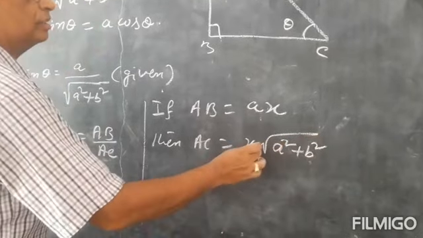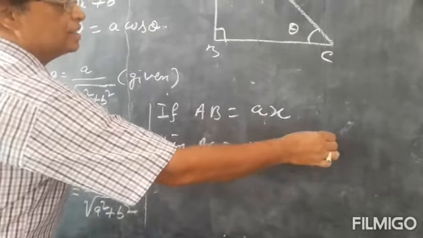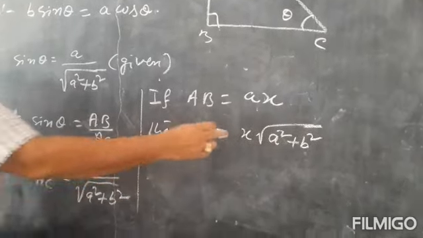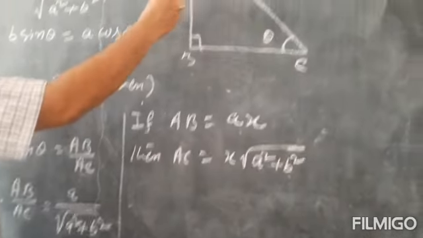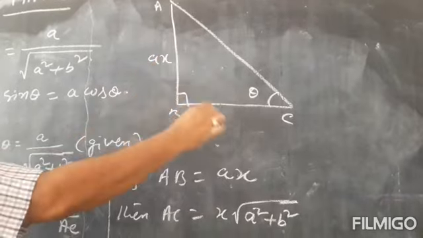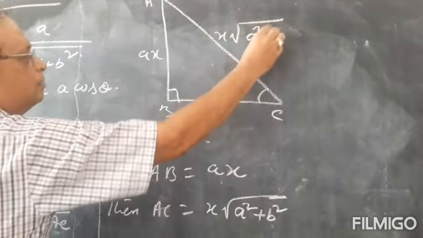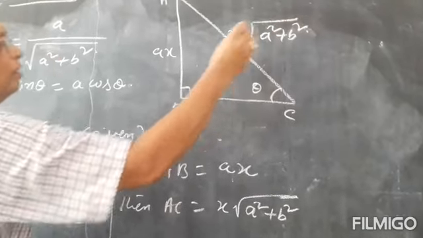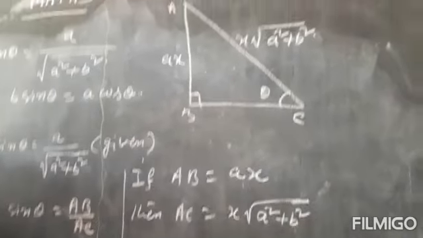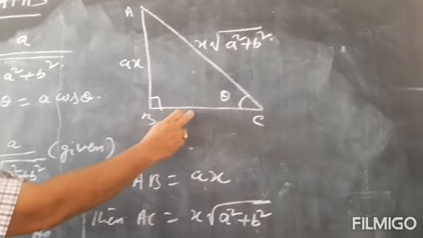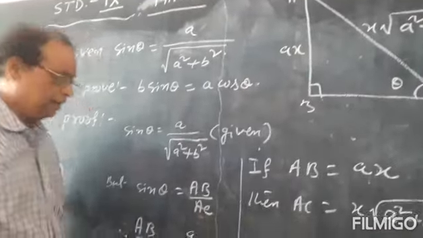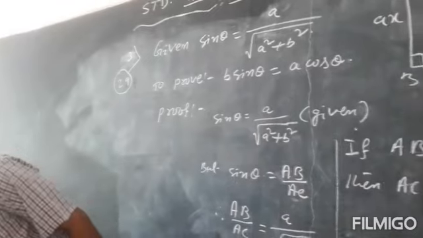Let me write X first, otherwise it may come inside the square root. So X root over A square plus B square. So AB is AX and AC is X root over A square plus B square. Now BC we do not know. So let us find out BC. How will you find BC? By using Pythagoras theorem.